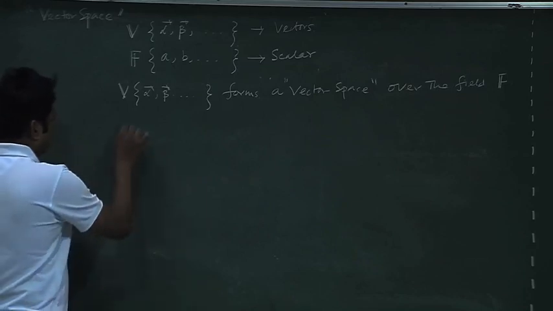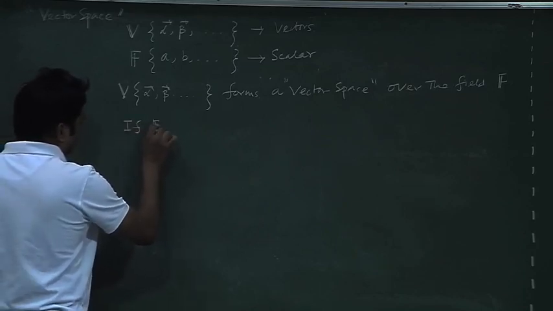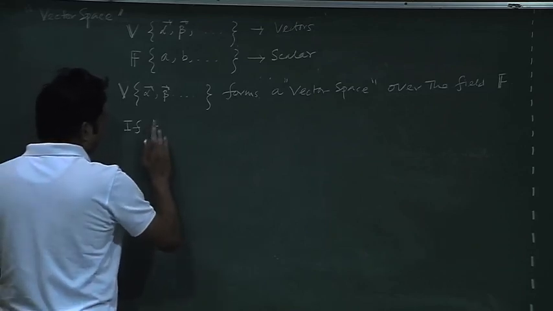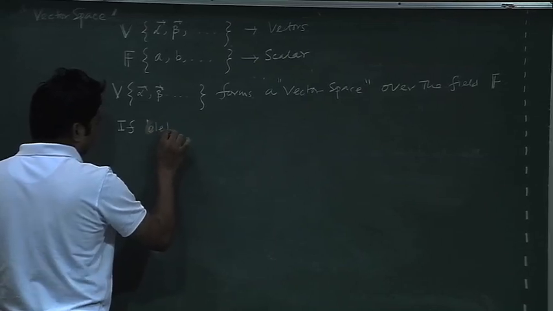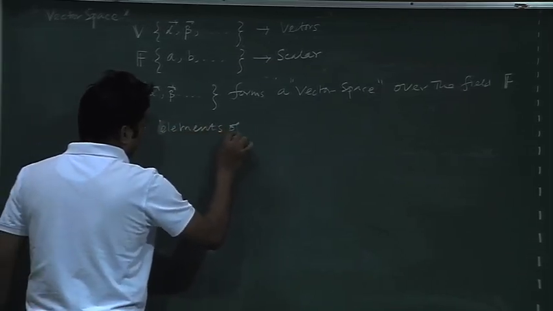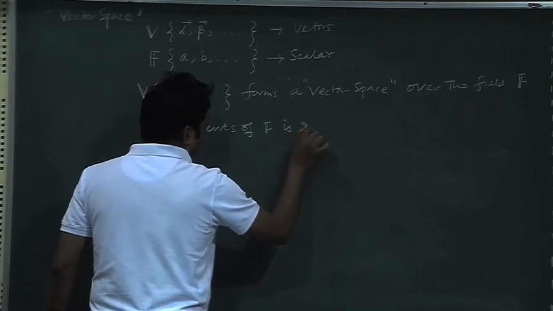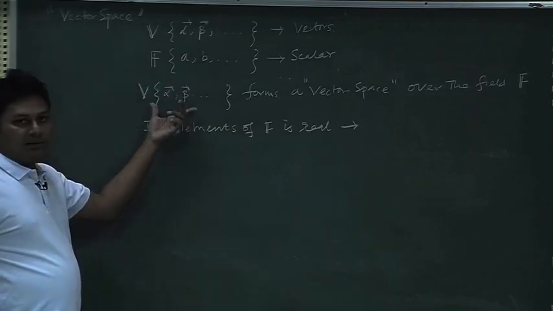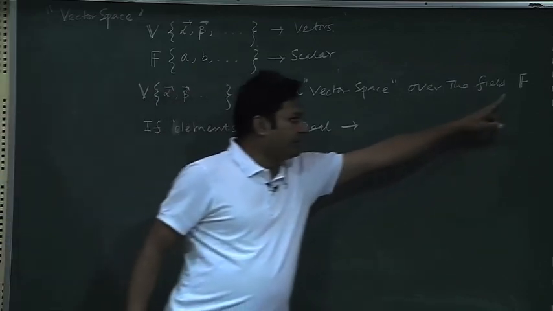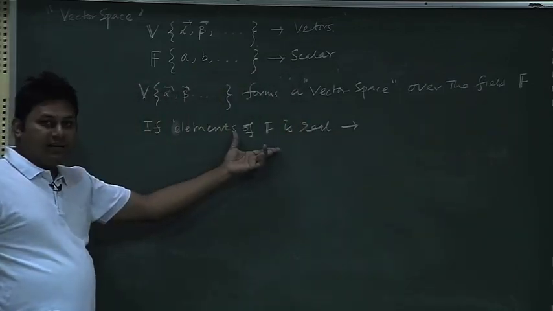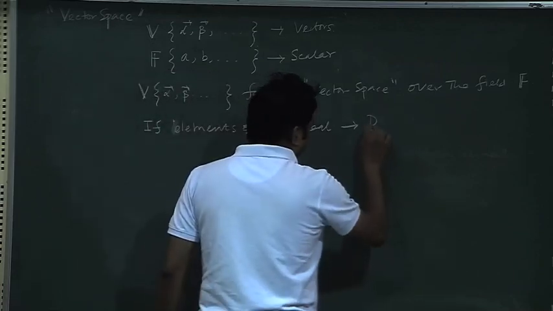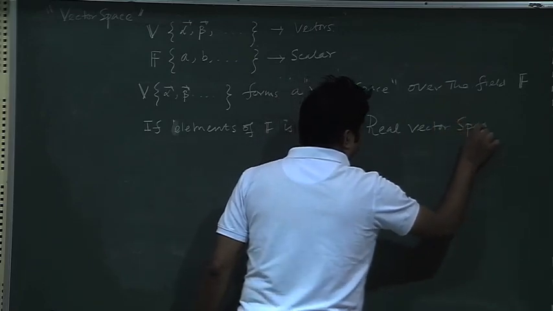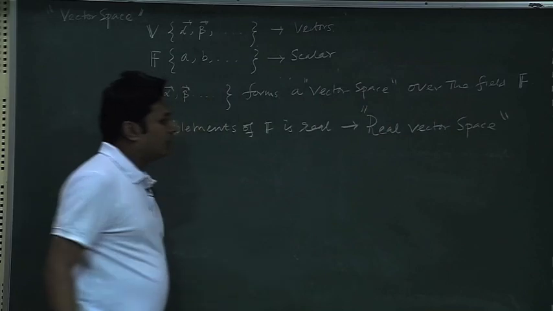So this is important: if F, which is a set of a few elements which are real, if the elements of F are real, then the field over which the vector space is generated is F. Now I am saying that my F is real, then this vector space is called a real vector space.